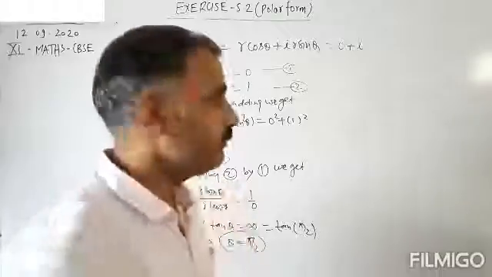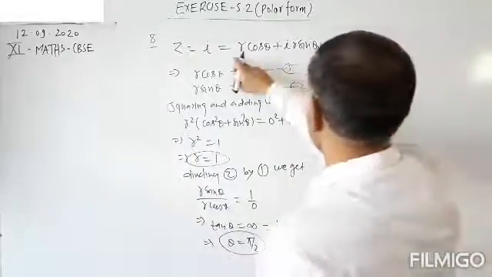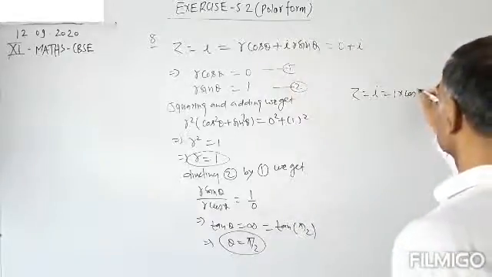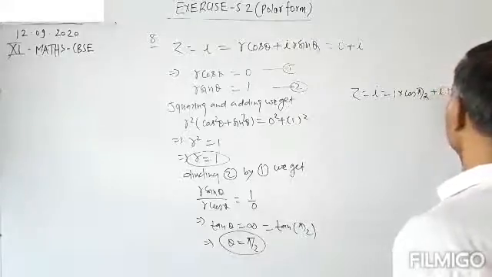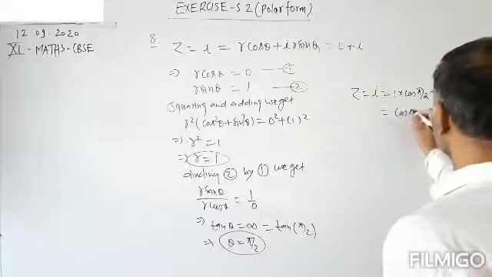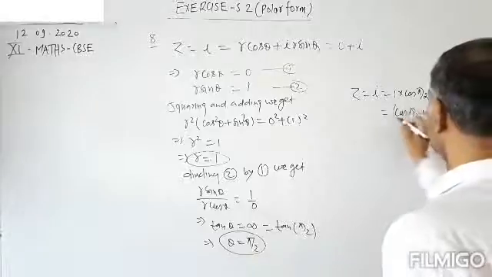Now the polar form of iota is: z equals iota equals r into cos theta, which means 1 into cos pi by 2, plus iota into 1 into sin pi by 2. So cos pi by 2 plus iota sin pi upon 2.